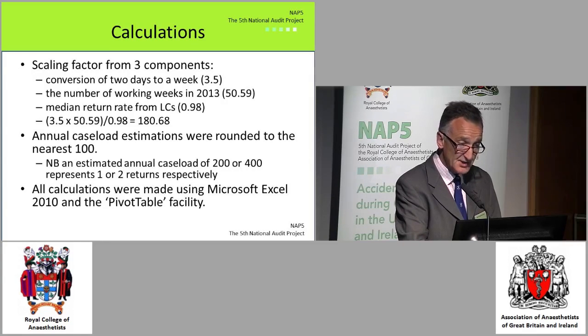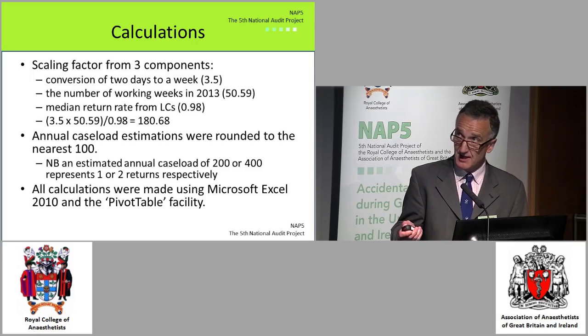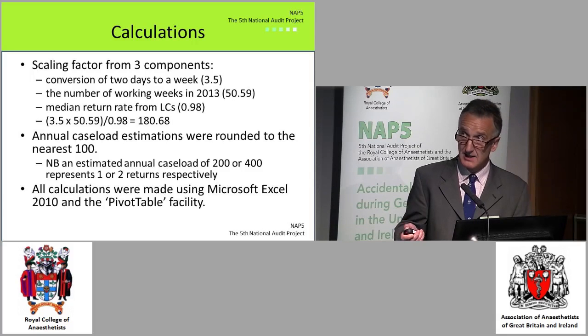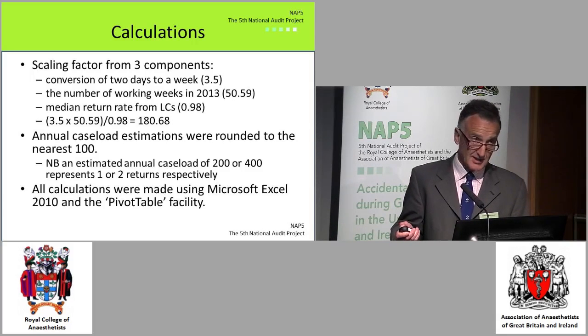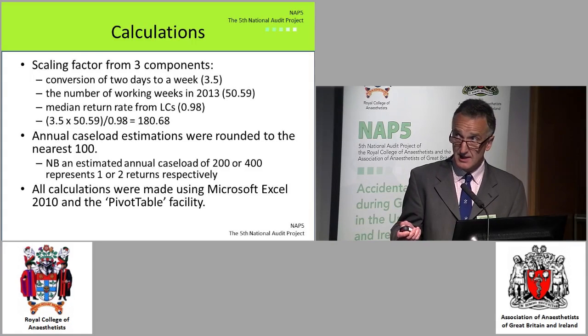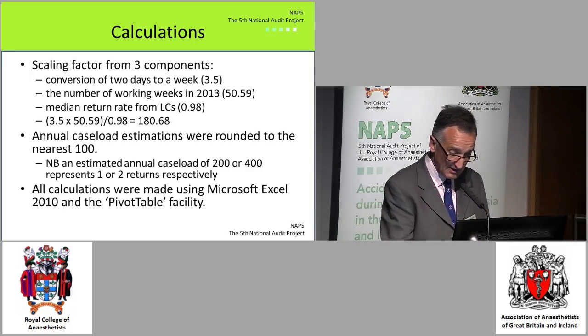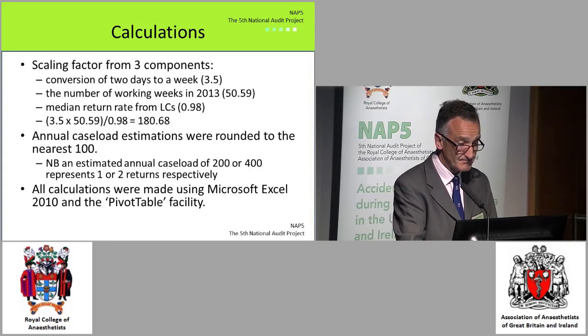The calculations, which are pretty boring, because the scaling factor was taken from 3 components, obviously easy from 2 days to a week, a number of working weeks, taking into account bank holidays and other odd days, and the return rate from each of the LCs. Now, every LC took part. Some LCs weren't able to get all of their patients represented, and this is the median return rate for all the return rates from the LCs.